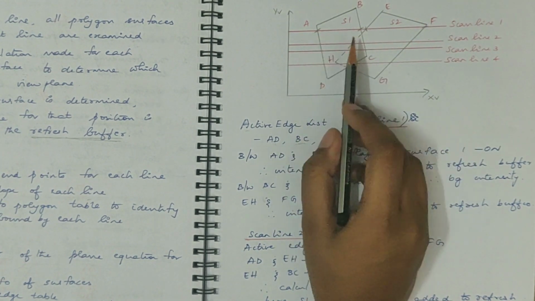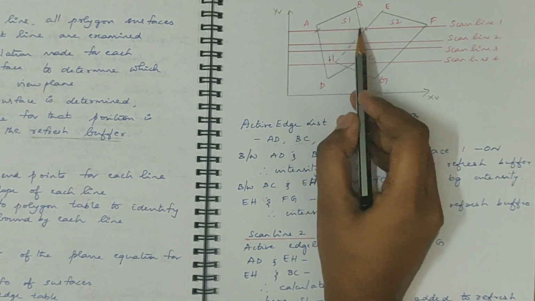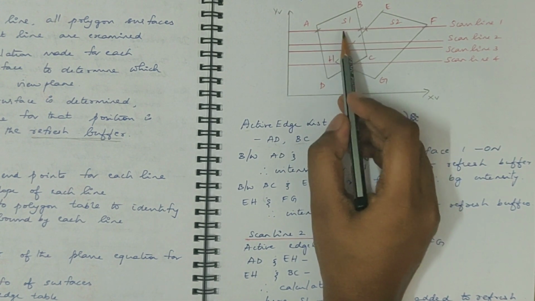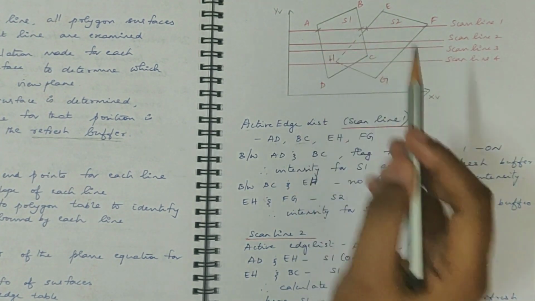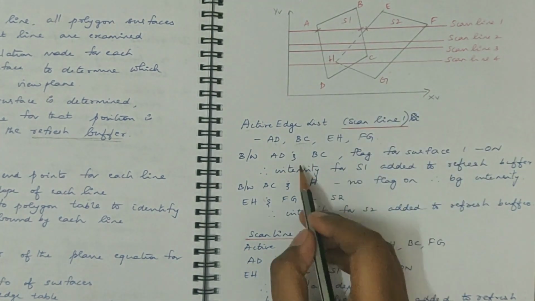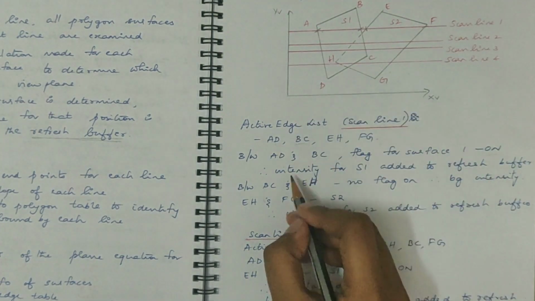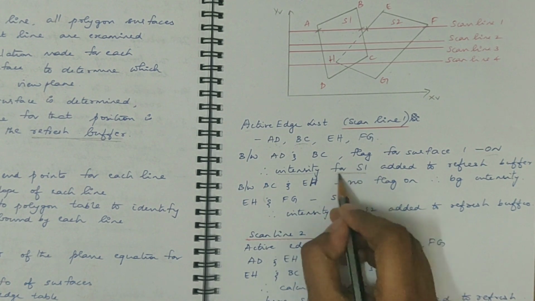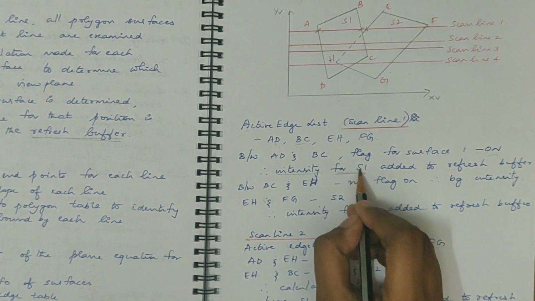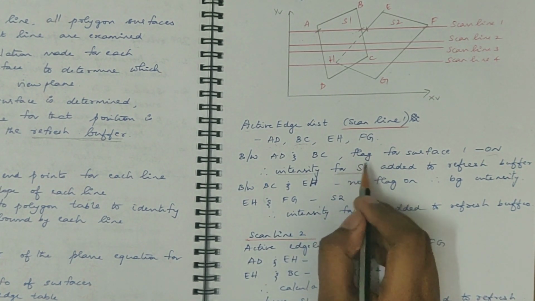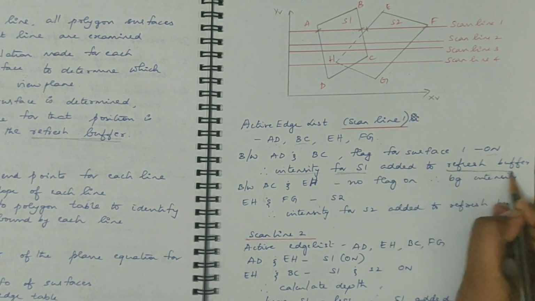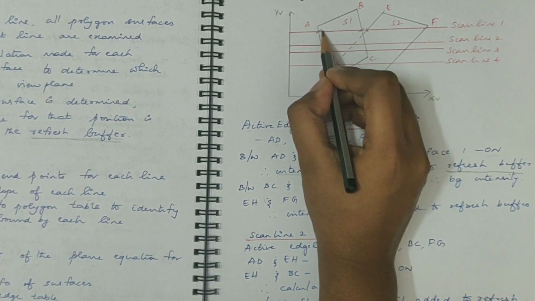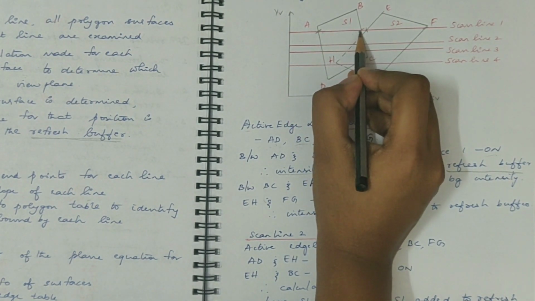If the flag variable is turned on, it means the surface is visible on the scan line. In that case, the intensity for S1, which you already have from the polygon table, will be added to the refresh buffer. So from here till here, the intensity value for S1 will be added.